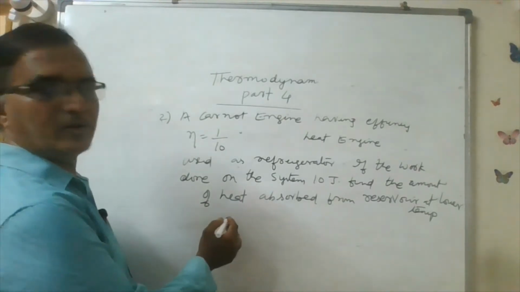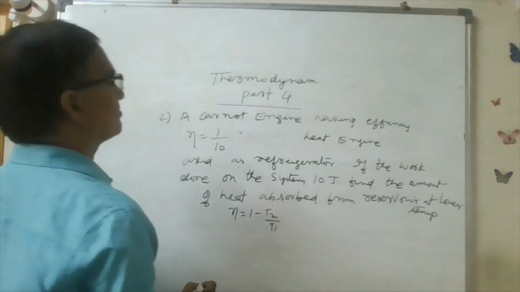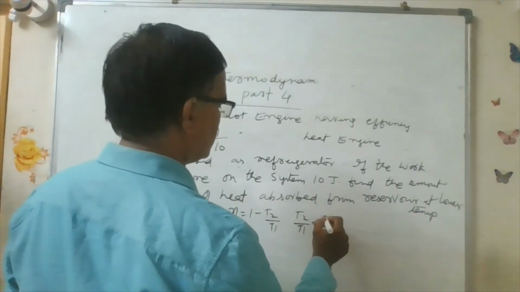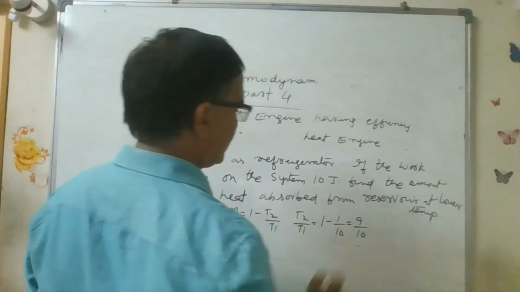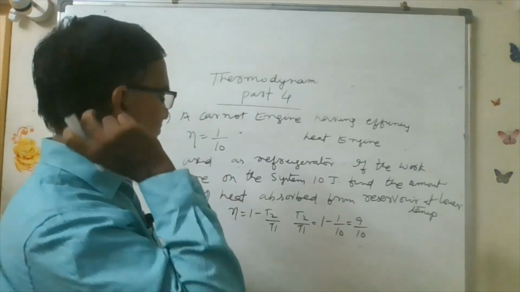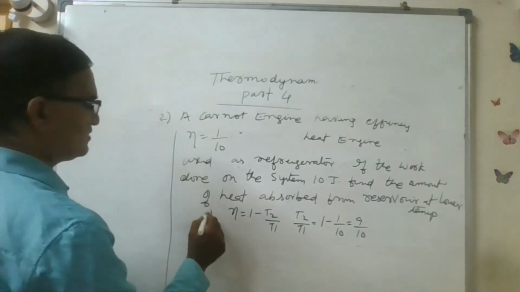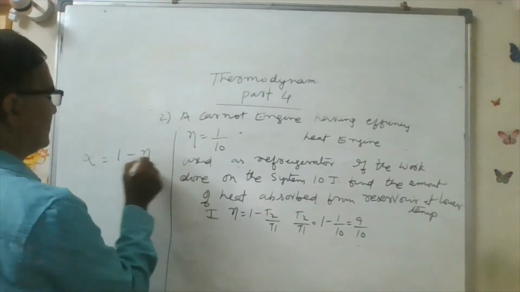Now you know eta is equal to 1 minus T2 by T1. What is T2 by T1? T2 by T1 is 1 minus 1 by 10, that you got as 9 by 10. And from the previous equations, this is the first step: alpha is equal to (1 minus eta) by eta.